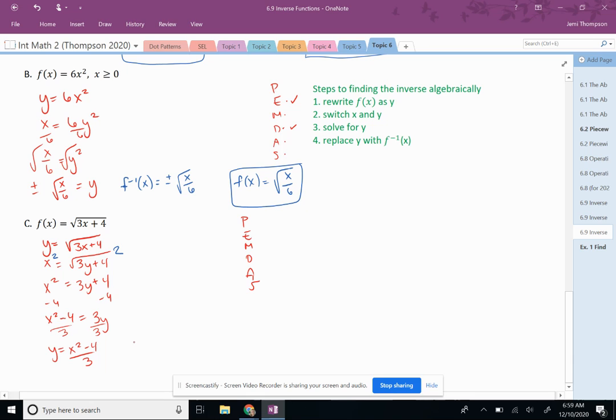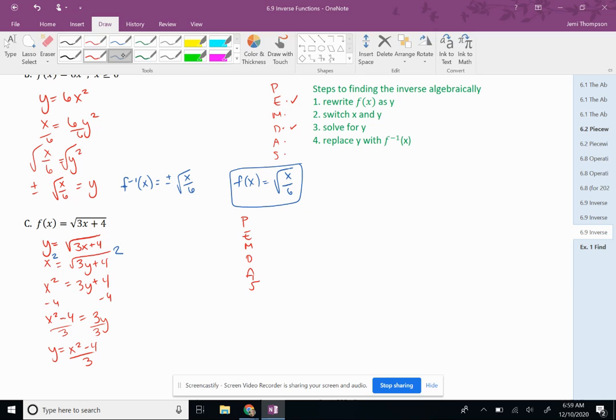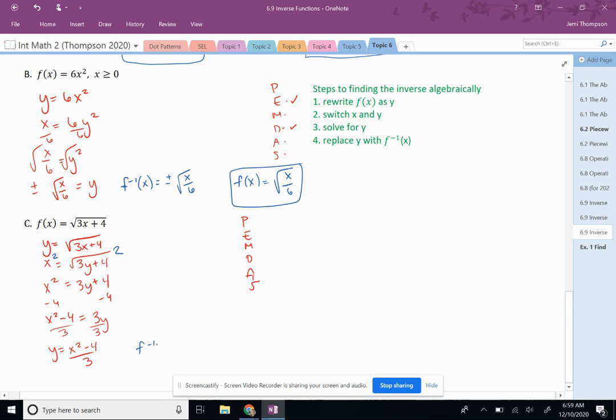So this turns into f inverse of x is equal to x squared minus 4, divided by 3, which could also be written as f inverse of x is equal to 1/3 x squared, and then minus 4/3.